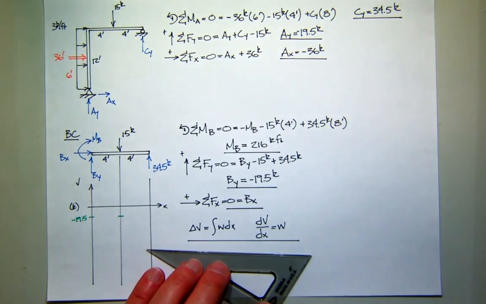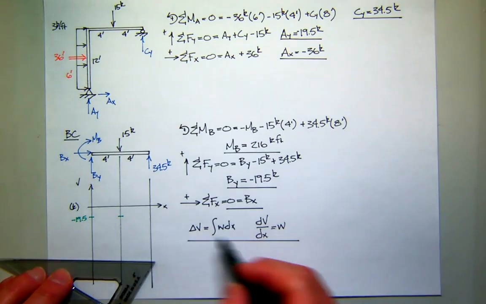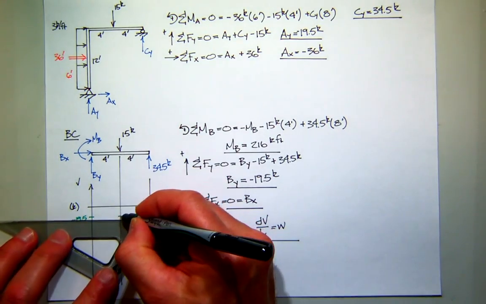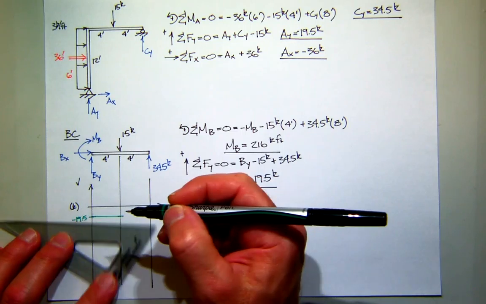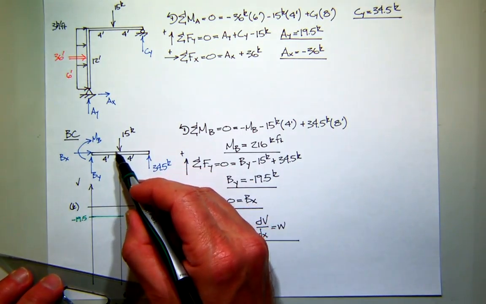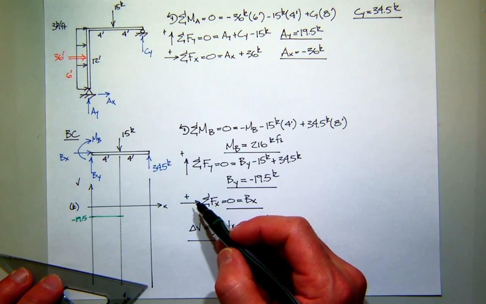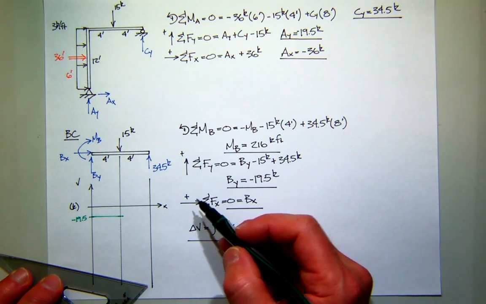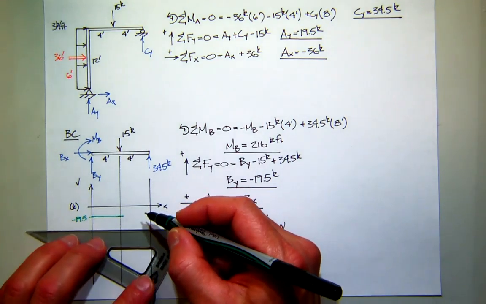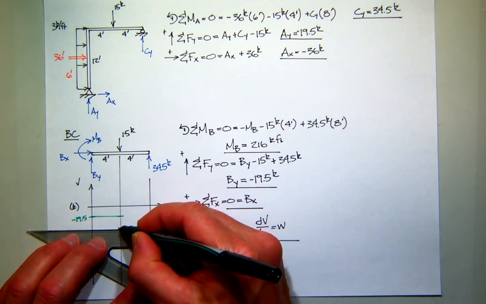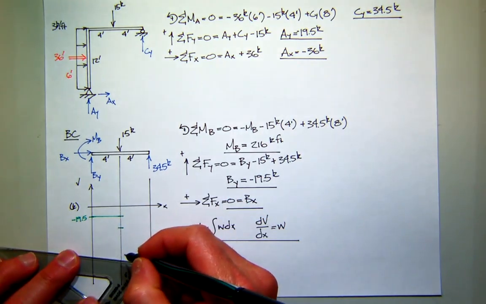Those relationships. And the load is 0, so the slope is 0, so it stays constant. Then what happens is we go from the left to the right side of this 15 kip force. We drop shear by negative 15. And that should give us 34.5.